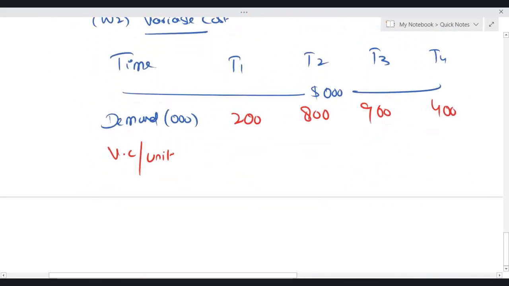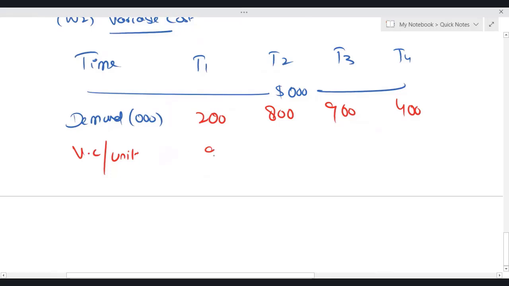So variable cost per unit is 9. Inflation is 5% per annum.